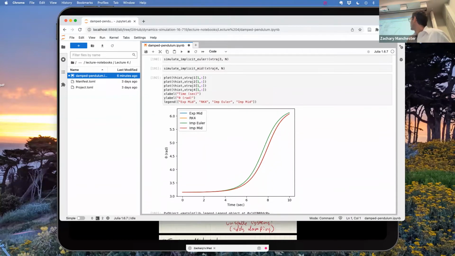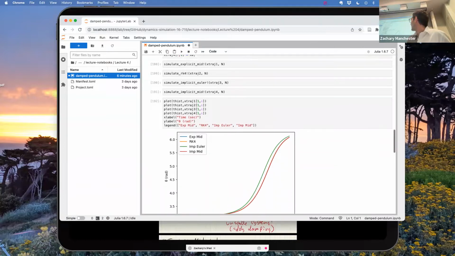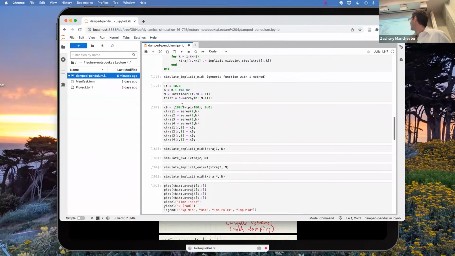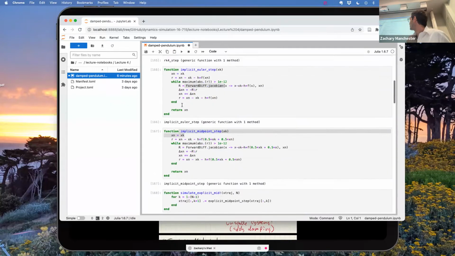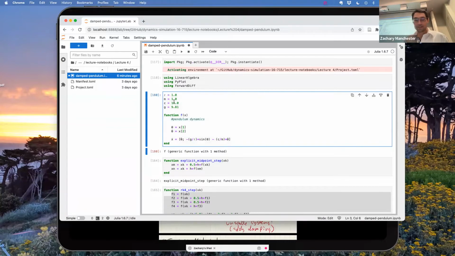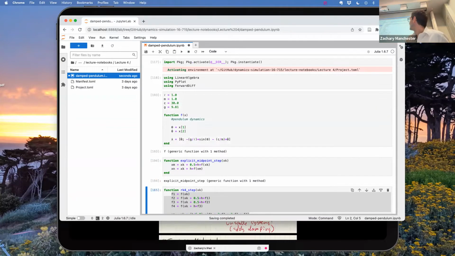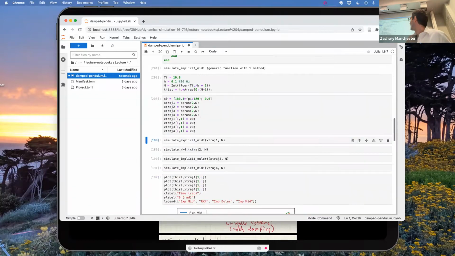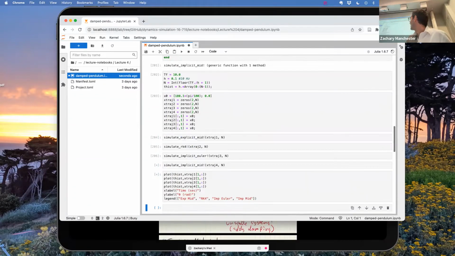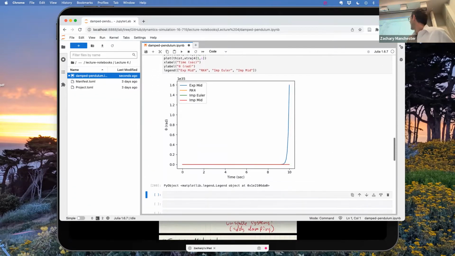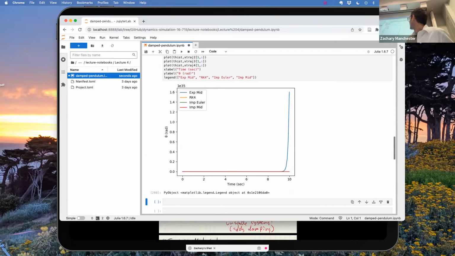So they're all blowing up and doing the right thing. What do I need to do? Maybe jack this up some more. Oh yeah, that was going to happen anyway, though.